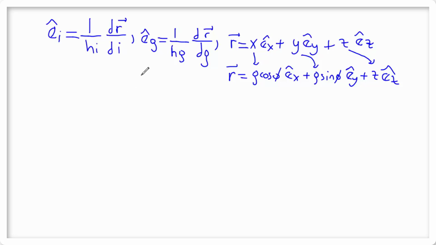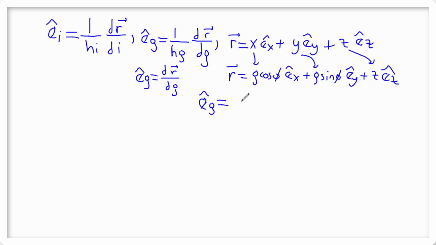Okay, let's rearrange here. For e rho, h rho is 1 because it is already a length metric. Here comes the ratio of 1 divided by 1, so I don't write it. I automatically derive r with respect to rho. Okay, this is enough. So let's find e rho here. E rho equals, friends, what it says: take the vector r derivative with respect to rho.